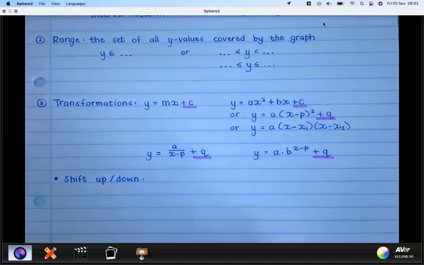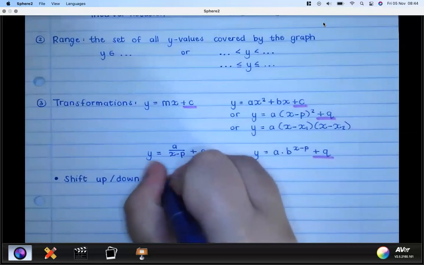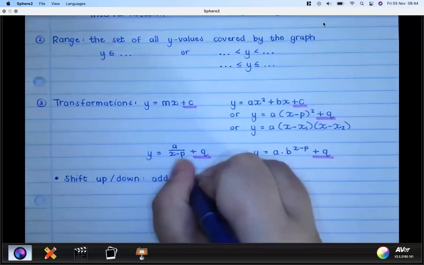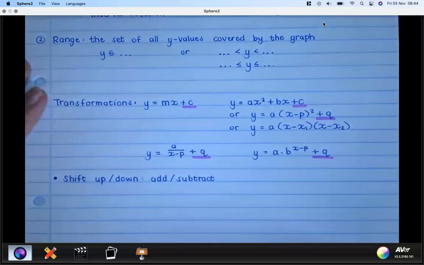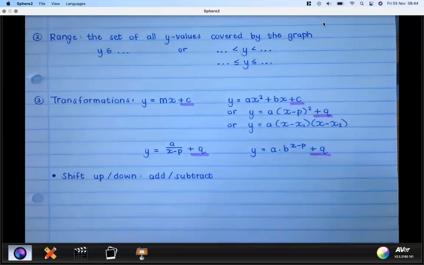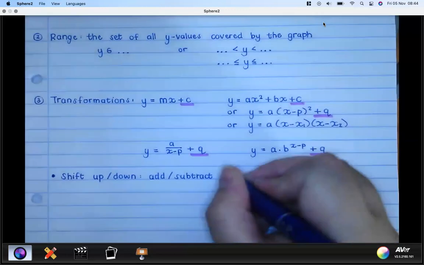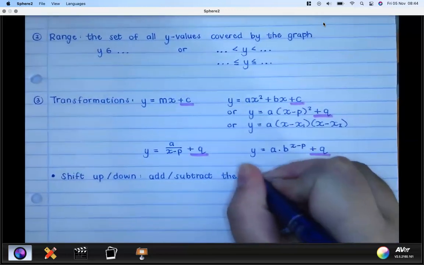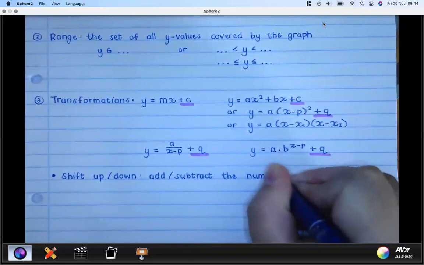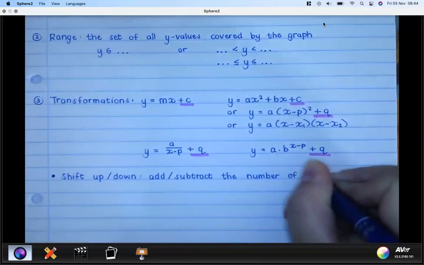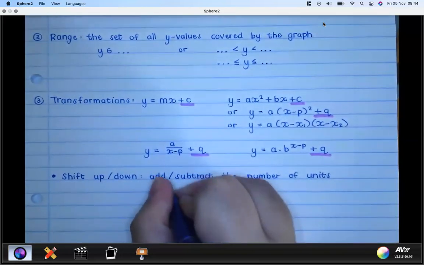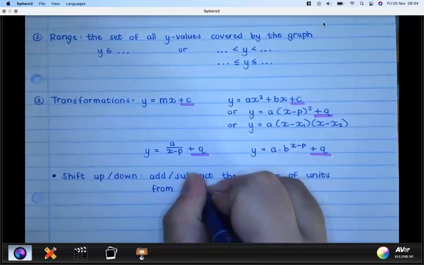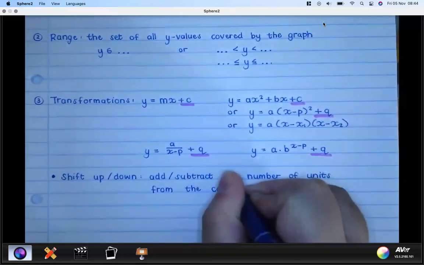Right, so when you have a shift up or down, you are going to add or subtract the number of units. So they'll tell you it's shifting up by 2 units or shifting down by 7 units. Okay, they'll have to be specific about that. So you're going to add or subtract the number of units from the constant term.